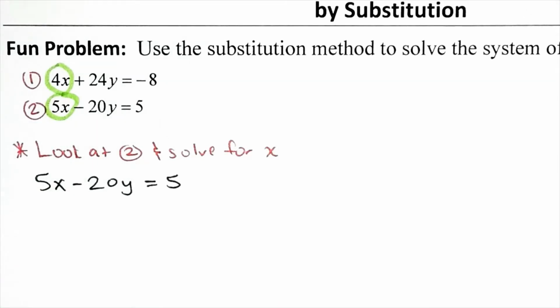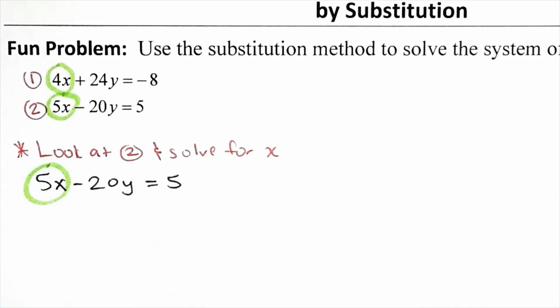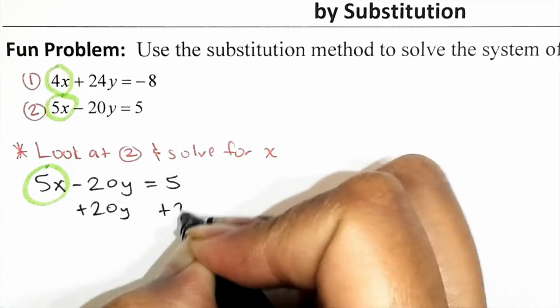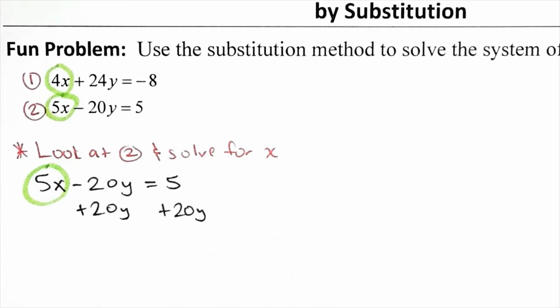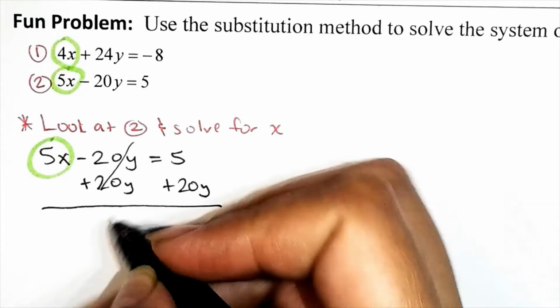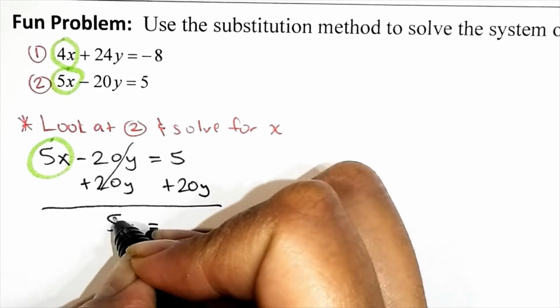Okay, so since we are solving for x, if you're not with the x, you have to go. To undo the subtraction of 20y, just go ahead and add it. Again, we always do the opposite operation, or in fancy talk, inverse operation. When we add 20y to both sides, that will leave us with 5x is equal to whatever your heart desires on the right side.